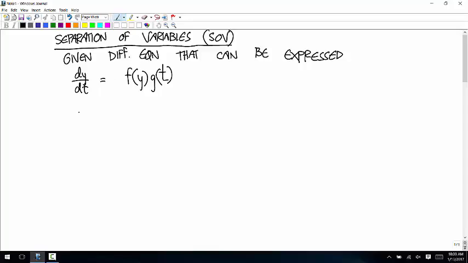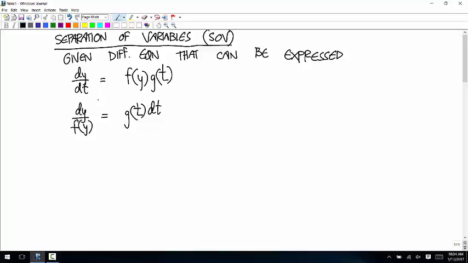You can re-express this as dy over f of y is equal to g of t dt. So all I did here was divide both sides by f of y, multiply both sides by dt. That's not really what you're doing. Really, technically, you should go through some chain rule stuff, but it's perfectly fine to think about it that way.